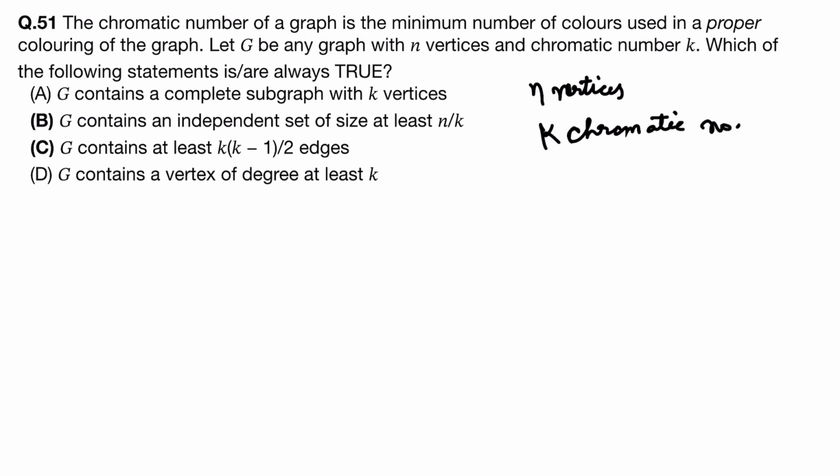Take an odd-vertices cycle graph with vertices 1, 2, 3, 4, 5. Okay, so what will be its chromatic number? This red, this yellow, this red, this yellow, but we can't take red and yellow both, so black. So here the chromatic number is 3.